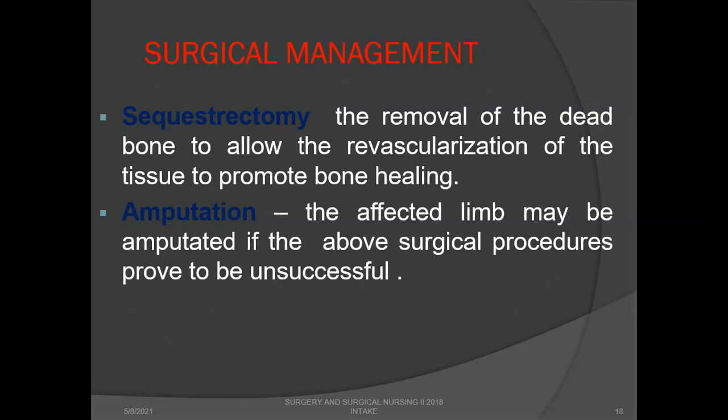So then we go to amputation. The affected limb may be amputated if the above surgical procedures prove to be unsuccessful. So if sequestrectomy fails, that's when they undergo amputation in order to reduce the risk of infection of other tissues.